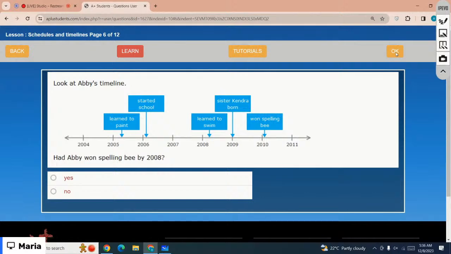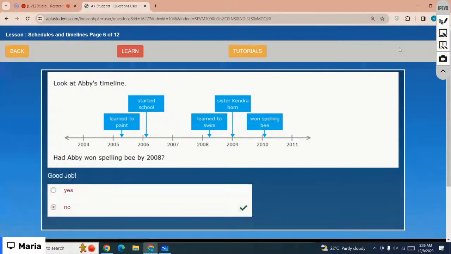The correct option is no, right? He did it after 2008, so the correct option is no.